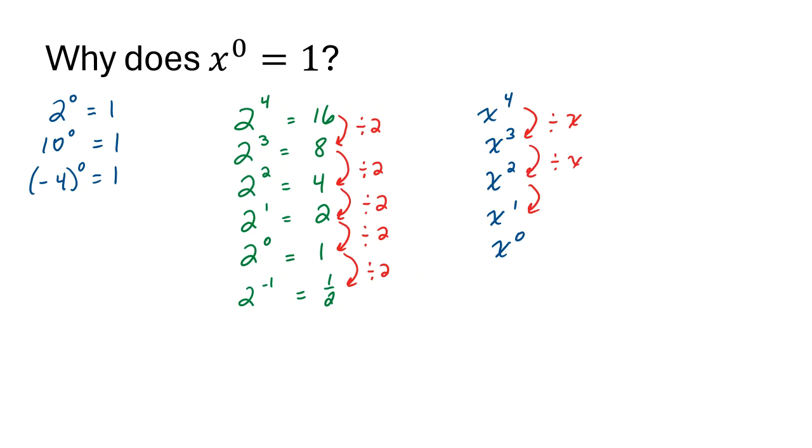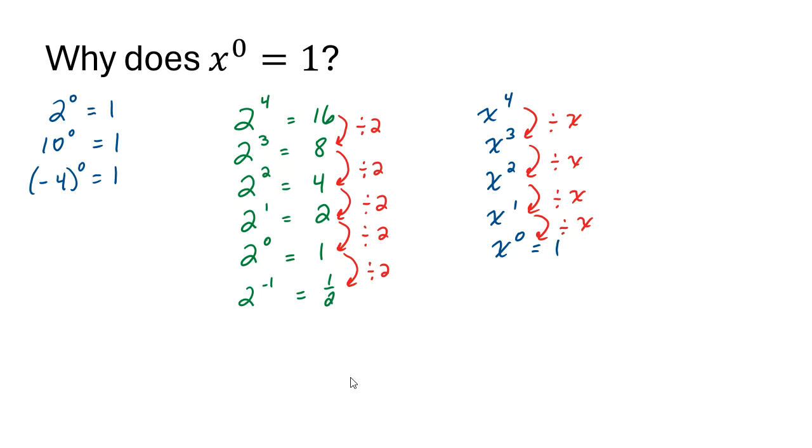Divide by x, divide by x, divide by x. So if I take x to the 1st divided by x, that's going to end up being 1. You might try this again with some different bases just to convince yourself. Like maybe try this with 10 to the 4th, 10 to the 3rd, and see that you're dividing by 10.